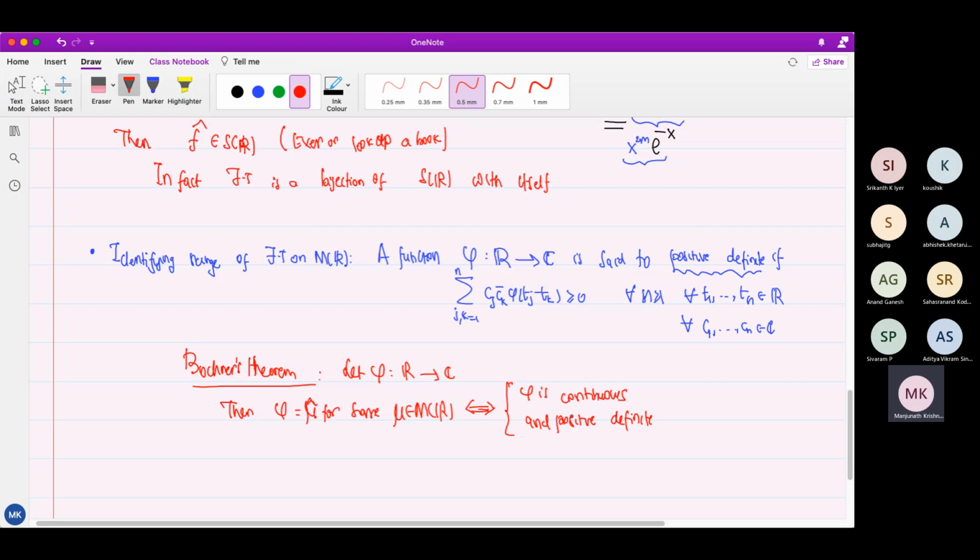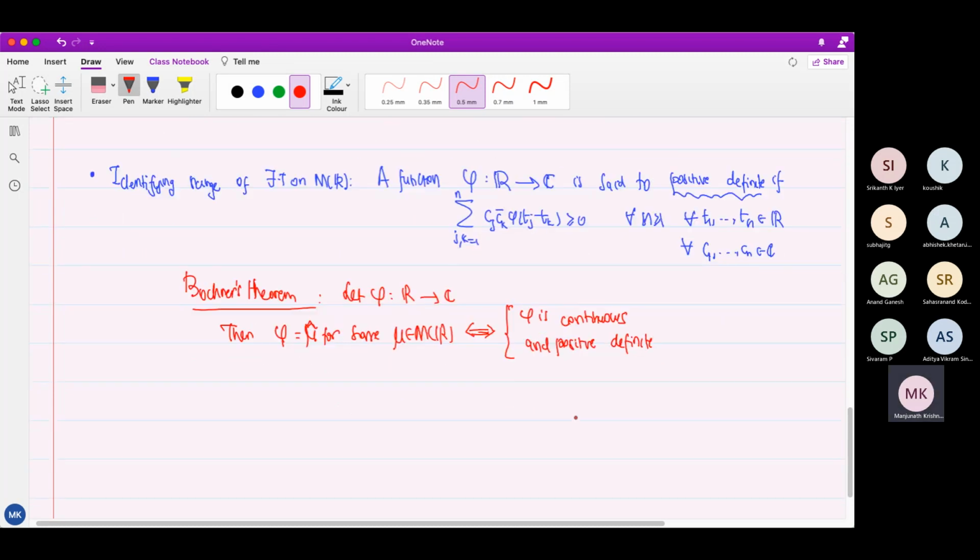Both are necessary. Fourier transforms of measures are continuous, I have already argued, but it also has to be positive definite. And that is an if and only if condition. This is called Bochner's theorem. I will not prove it.